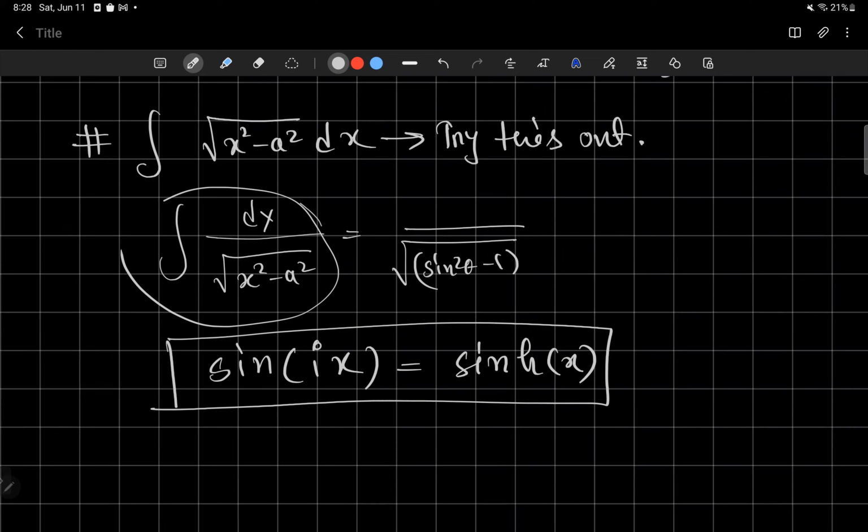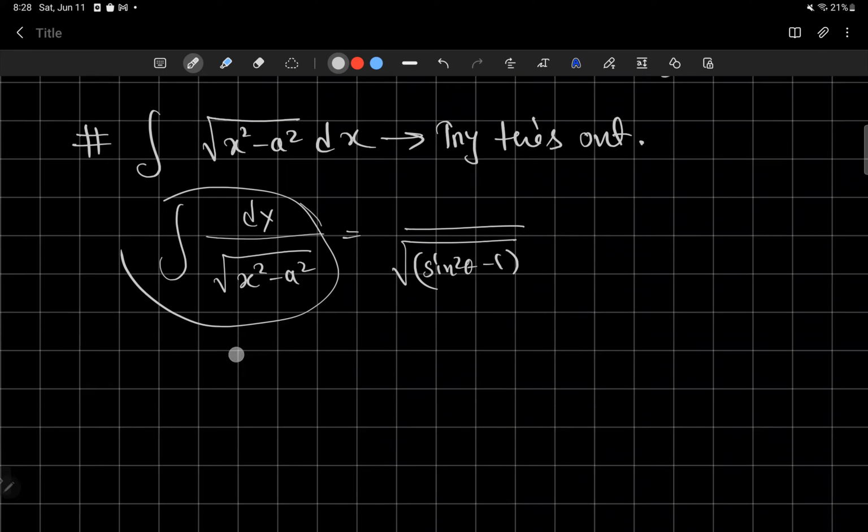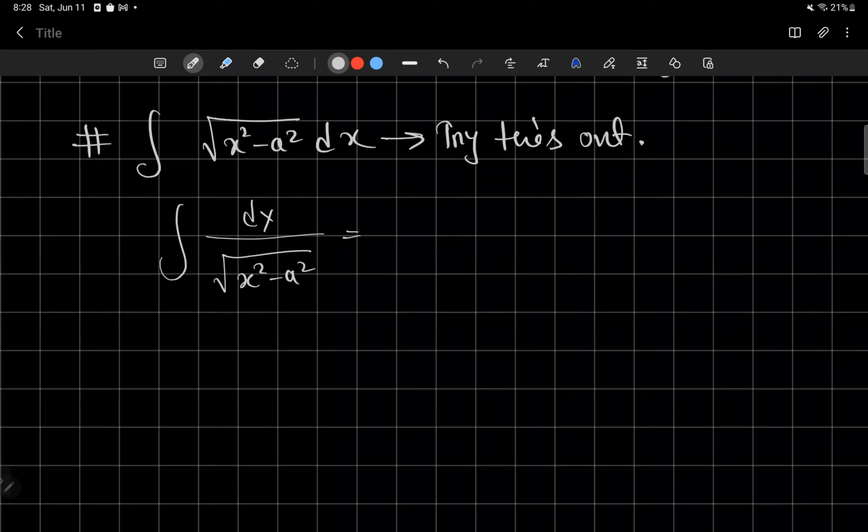Isn't it suitable, when x squared plus a squared is given, that we should take x equal to a tan theta when it is a plus? That makes more sense in terms of not getting any imaginary terms.